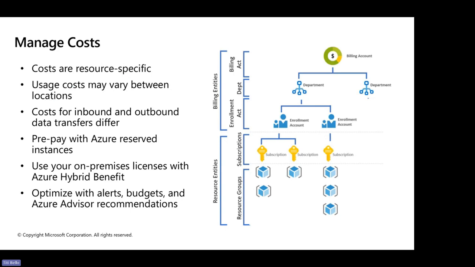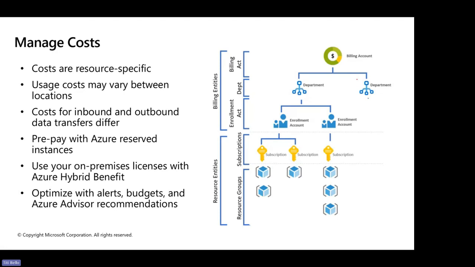So in terms of cost management, costs are resource specific, right? And then usage cost may vary between locations, regions. Sometimes the cost for the same resource across regions is different. If you are taking notes, if you are creating a particular VM in South Africa, it might be cheaper than when you create it in West or East Europe.